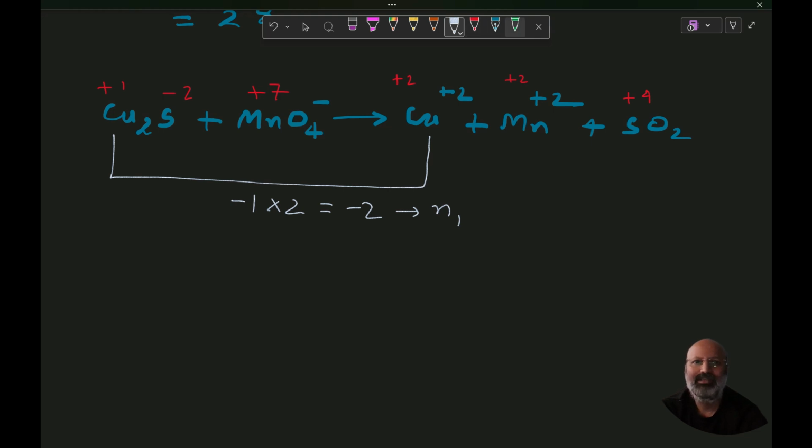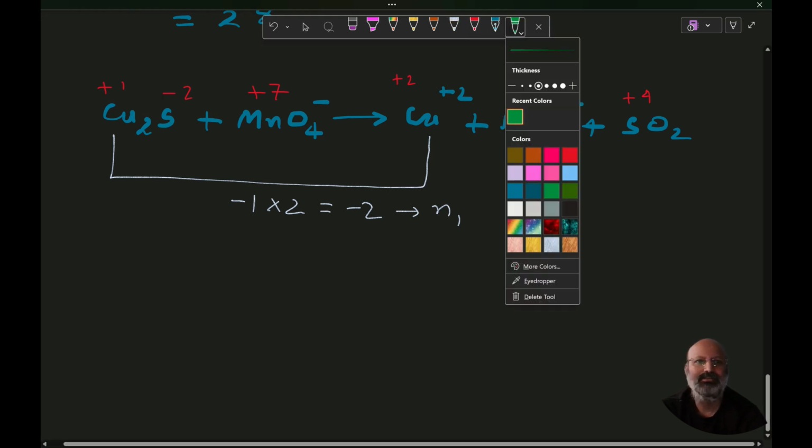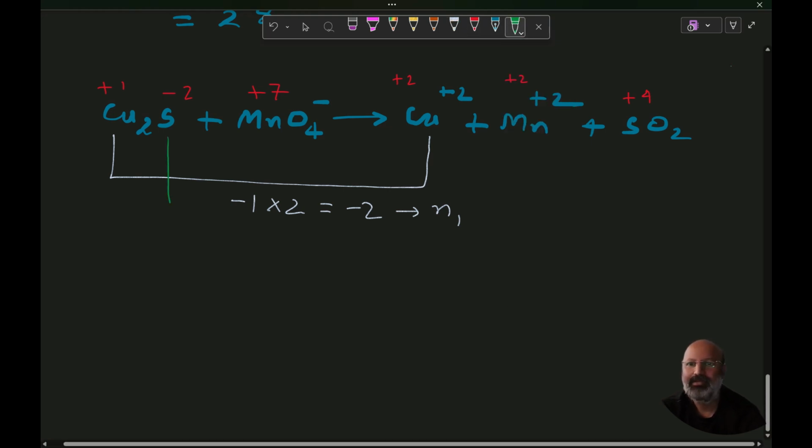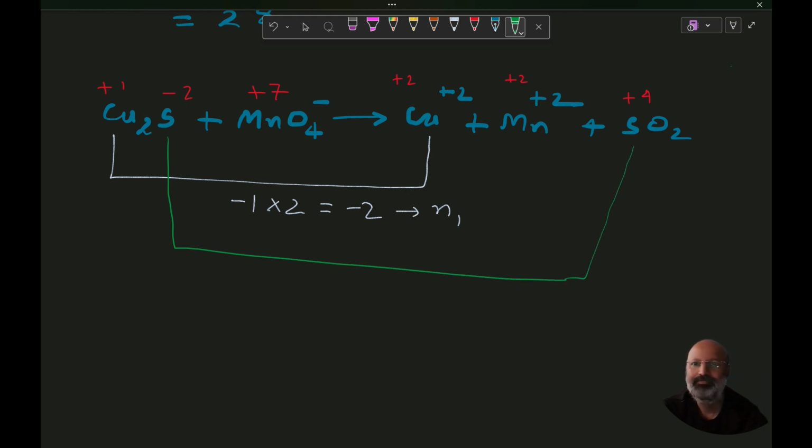In the second case, here the oxidation case, this is sulfur I'm taking. This sulfur is going from minus 2 to 4. So the difference is 6. Okay. So minus 6, and the number of atoms is 1. So this I'm labeling N2. Okay.